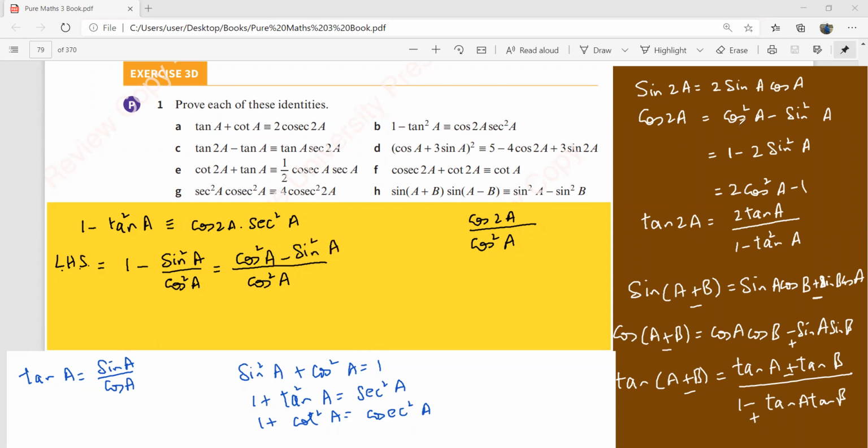You see this cos square a minus sine square a, that is your cos 2a, and you have already got this cos square a in the denominator. So I'll change this with the cos 2a, and this is my cos square a, and I can write it as cos 2a times secant square a, and that is my right hand side.